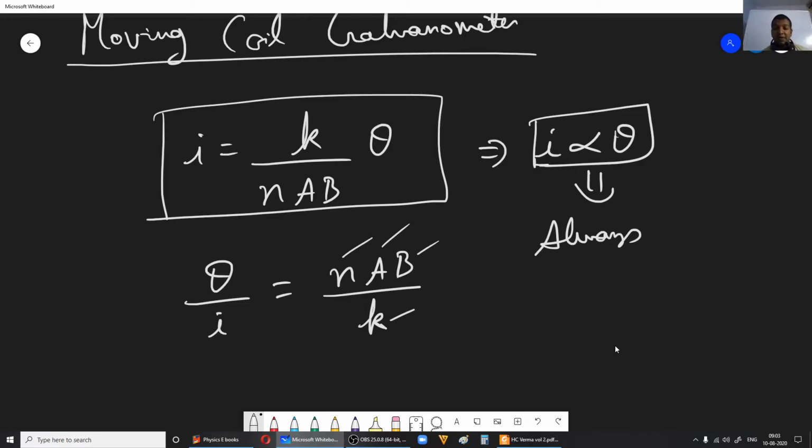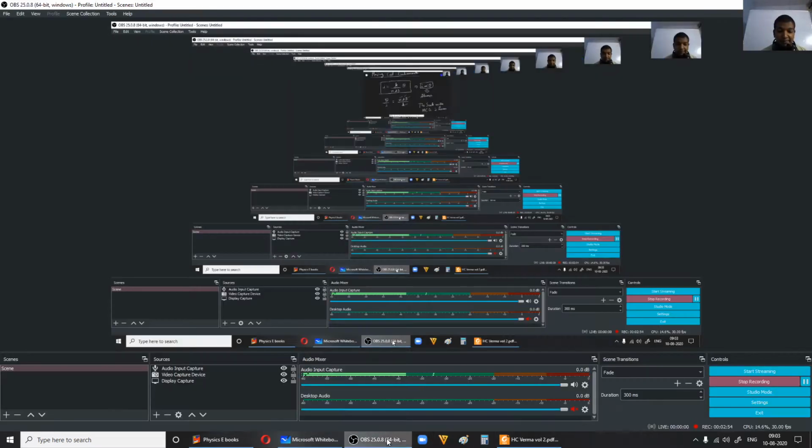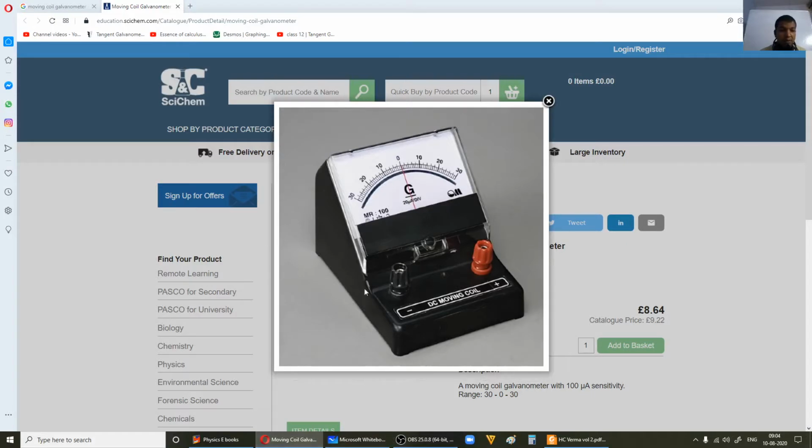Therefore the scale on the normal moving coil galvanometer is linear. Let me show you that. Yes, this is how the scale looks. You can see that it is equally divided, equally fabricated.